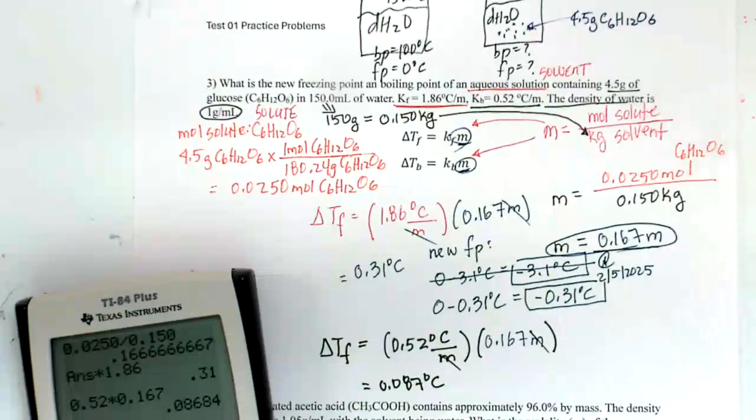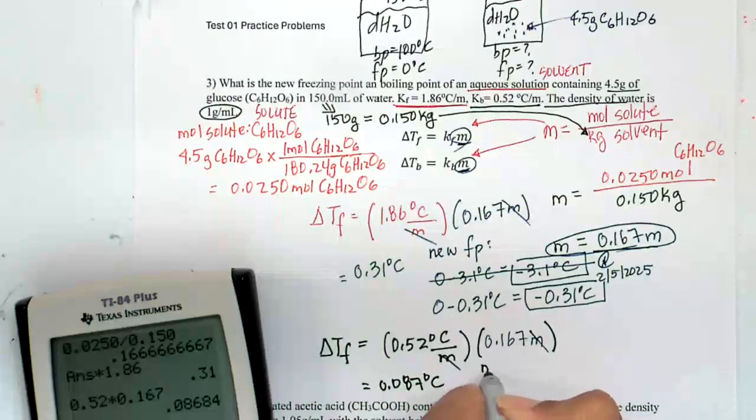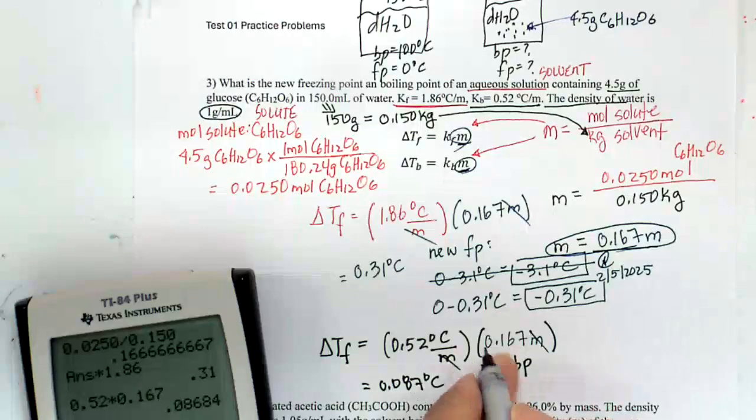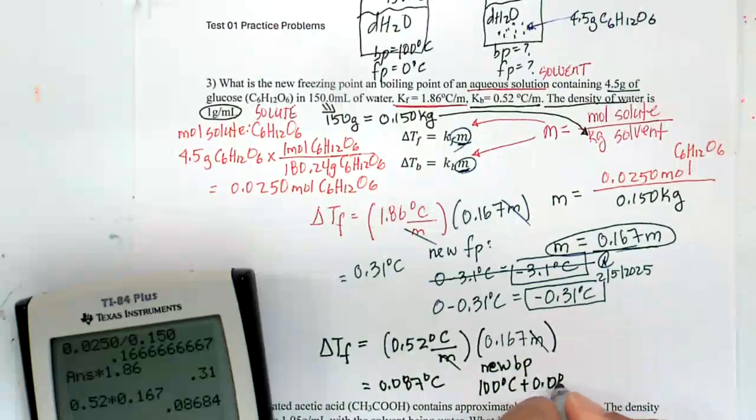Okay, this is not our answer. What will our new boiling point be? So what will we do? We will add it. Boiling point elevation. So it's 100 degrees plus 0.087 degrees. So this is about 100.08.